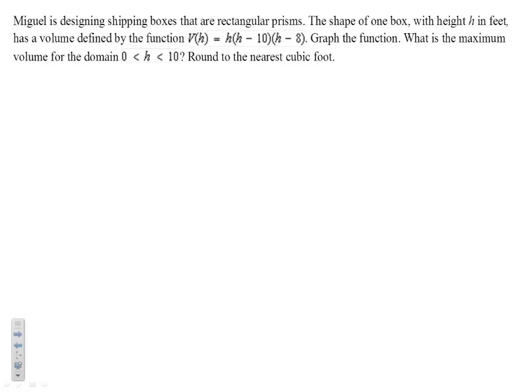so you're going to get an approximate height. That's what the little swivel means, it's going to be approximately 2.9 feet with a maximum volume. So this is 2.9 feet.